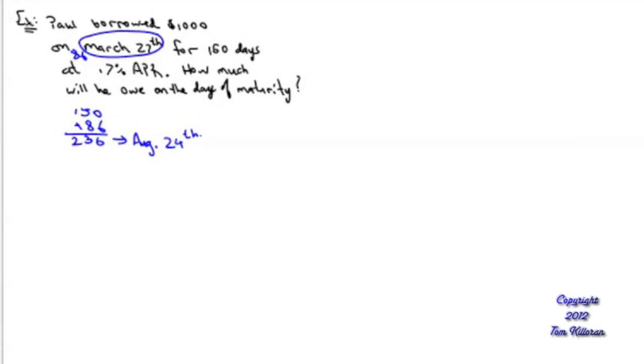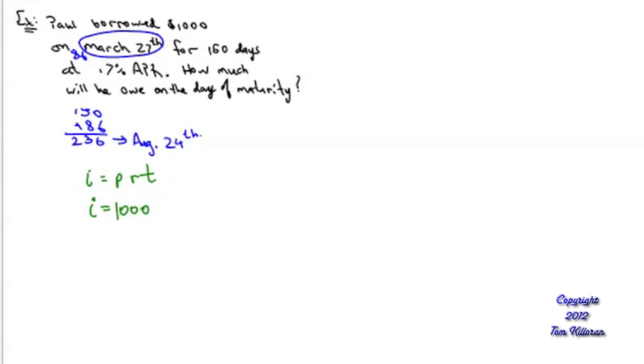All right, so how do I find out how much interest I owe? Well, there's two formulas. I equals PRT. Do I know how much interest Paul owes on this loan? No, so leave that alone, but write it down. Do I know the principal? Yeah, 1,000.